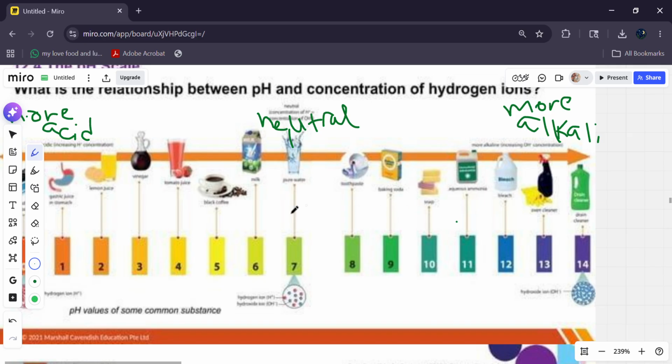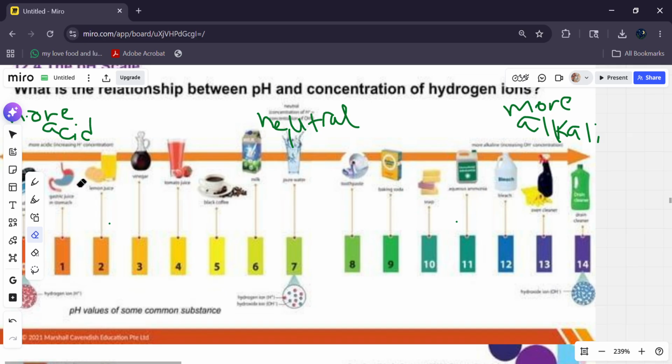Now you can see at 7 we have water. And at 0, we have liquid in a car battery, because the liquid in car batteries is very acidic. Then at 1, we have gastric juice in the stomach. In our stomach, we have gastric juice that is acidic, which allows us to digest food and dissolves it into small pieces. Lemon juice is at number 2.